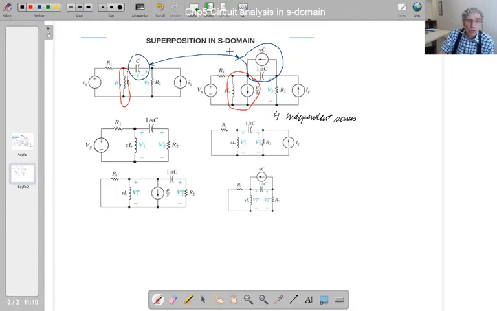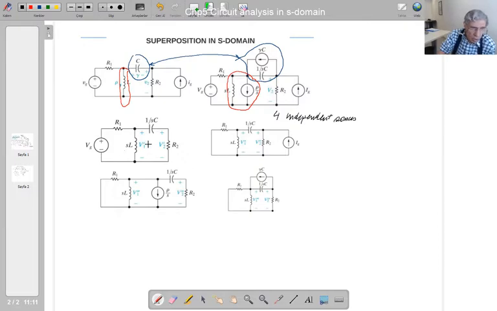And if I use the superposition theorem, I am going to remove these 3 independent sources and keep this one as it is. How am I going to remove these independent sources? These are independent current sources. Removing or deactivating an independent current source means making it an open circuit. So open circuit, open circuit, open circuit, they have all gone, and only one independent voltage source is included.